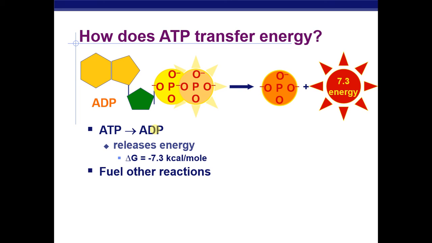That energy can go to fuel other reactions via phosphorylation. We took a look at this before in the signal transduction pathway and in cell cycle regulation with cyclins and cyclin-dependent kinases. So when we transfer that phosphate group to something else, we give that something else its energy, that 7.3 kilocalories per mole.